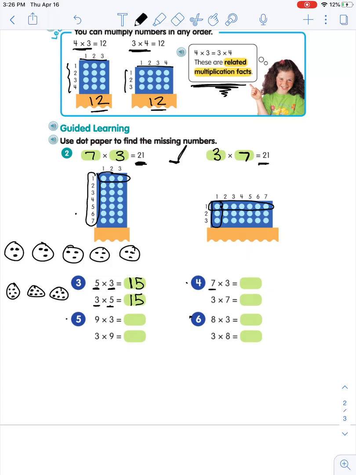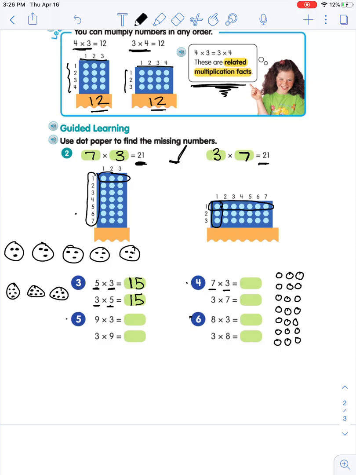All right, this time we have 7 times 3. 7 groups with 3 in each group. So I'm going to think about if I had dot paper. That would mean I would have 7 rows, 1, 2, 3, 4, 5, 6, 7, and I'd have 3 in each row. Well, this already shows 1 in each row, so I just need to add the 2 more.